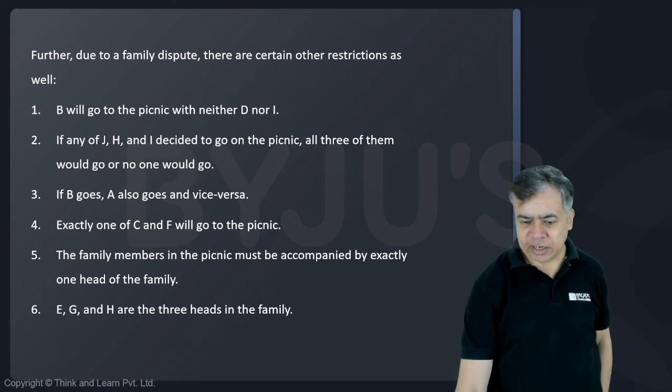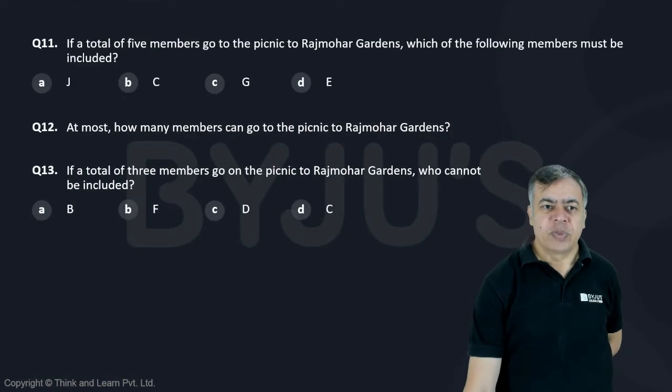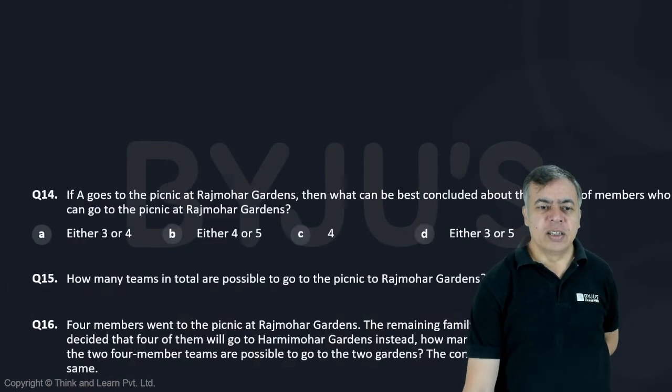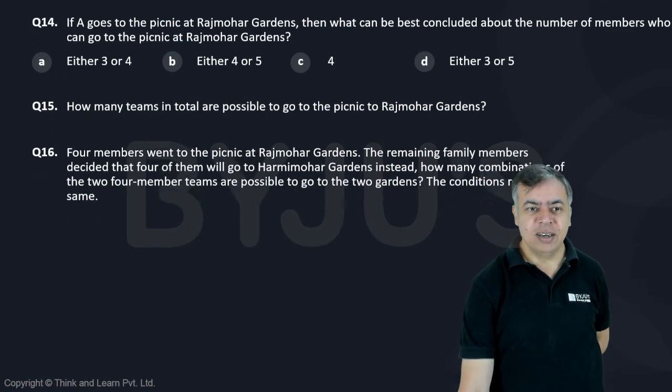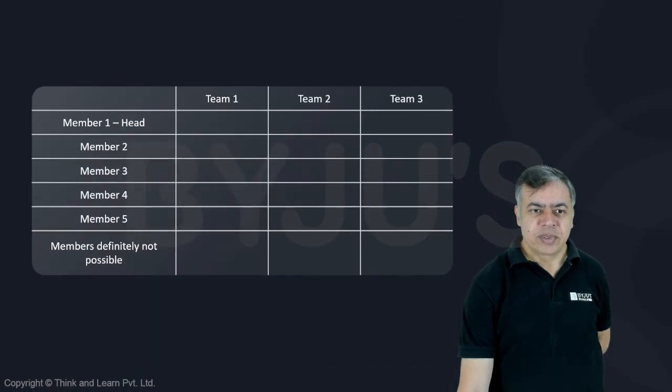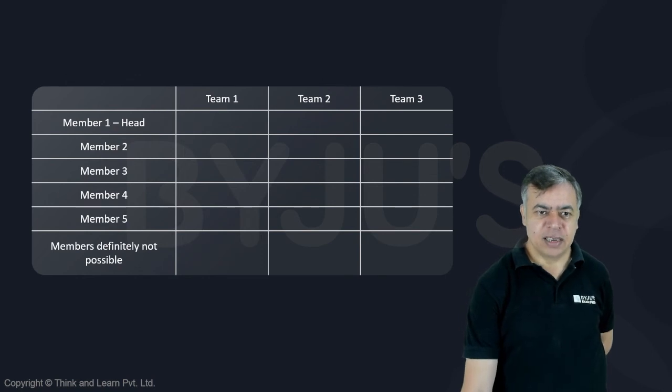Okay, let's write down all the conditions. There are again 6 questions on this set. So important one, 6 questions on this set. Here we need to see the conditions also.